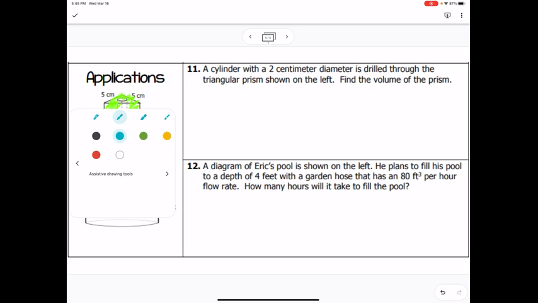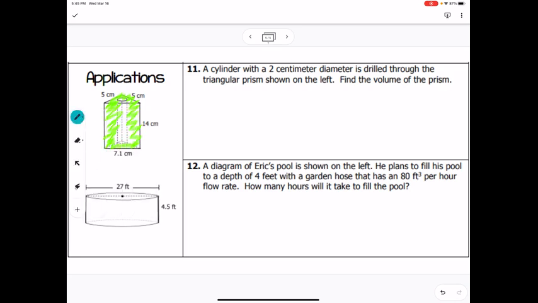All right, so first, let's calculate the volume of my triangular prism, which is going to be my first object here. So I'm going to make this number 1, my triangular prism. And I need to calculate my big B first. So big B is 1/2 base times height. And it looks like I have 5 and 5.